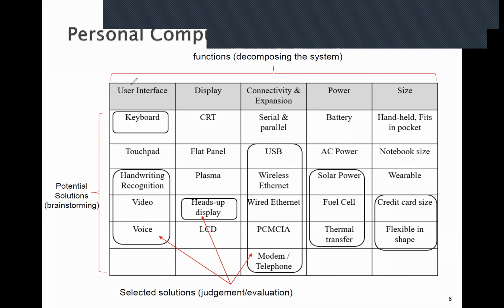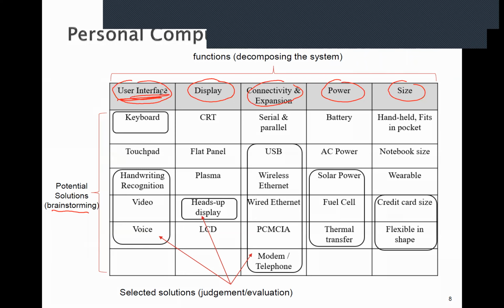On the first row here, you can see the functions expected from a personal computing system. And by using concept generation methods, for example brainstorming, brainwriting, or nominal group technique, we can create potential solutions for each function here.